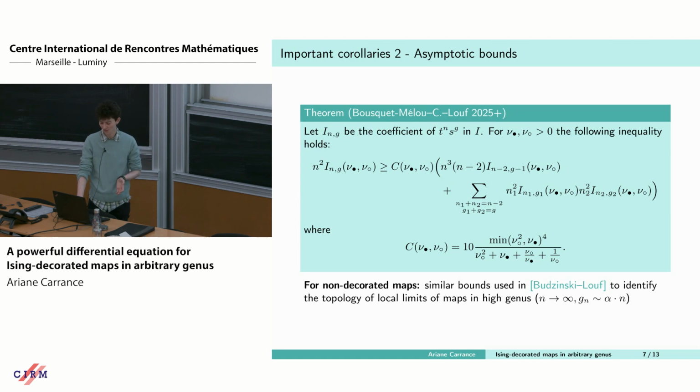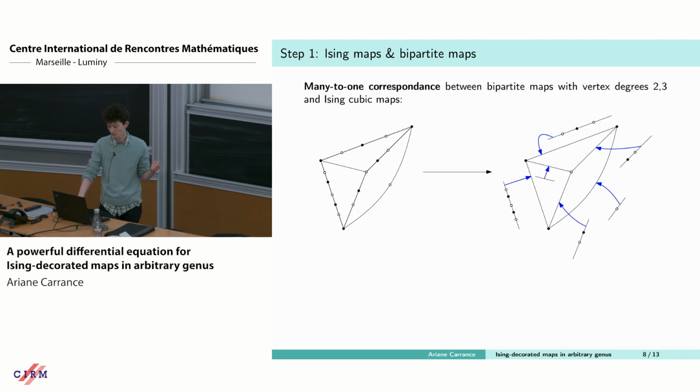So let me now get to a few elements of the proof of how we got to this PDE. The first step is something that is present in actually all works that deal with Ising-decorated maps, which is a correspondence between Ising-decorated maps and bipartite maps.